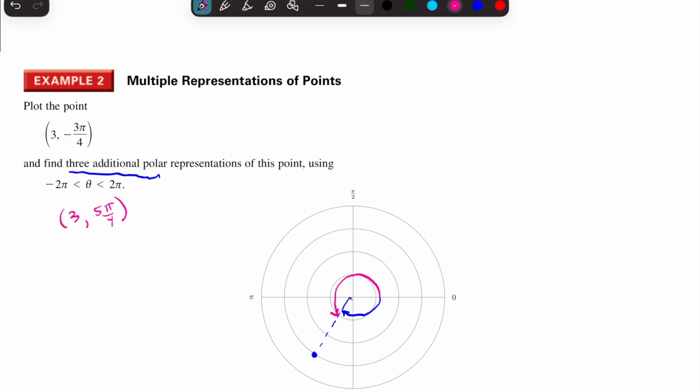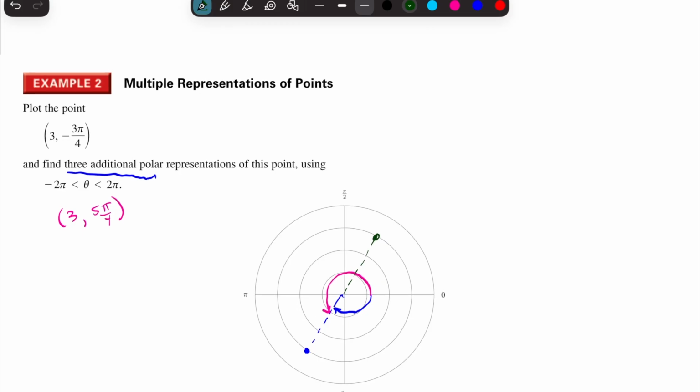Another way to do it is I could just rotate to exactly this angle across from it, but then make my radius negative, which tells me to go in the opposite direction. Notice that makes a straight line. So the way to figure out what that angle should be is to add pi to that. If I do pi plus negative 3 pi over 4, that's just going to leave me with pi over 4.